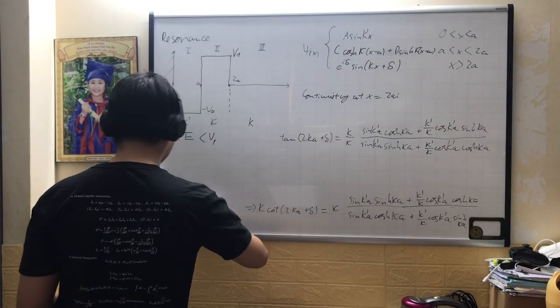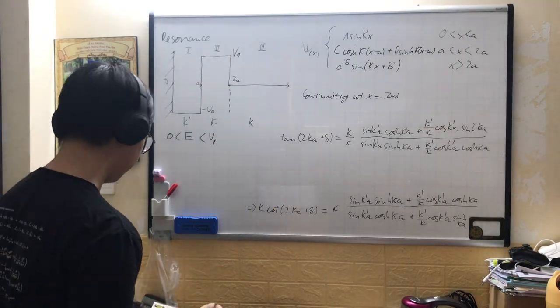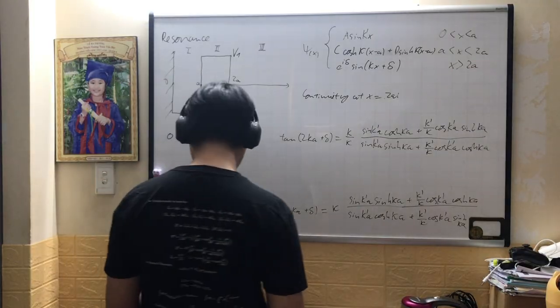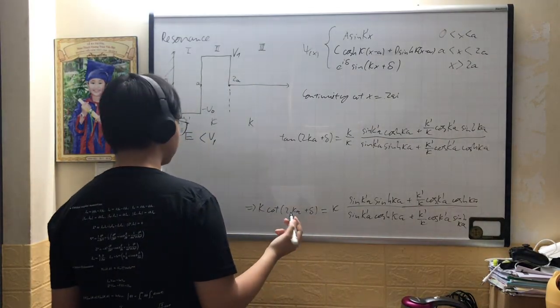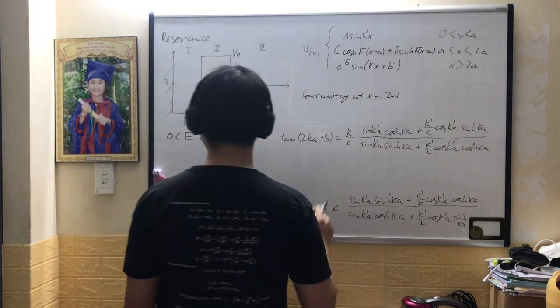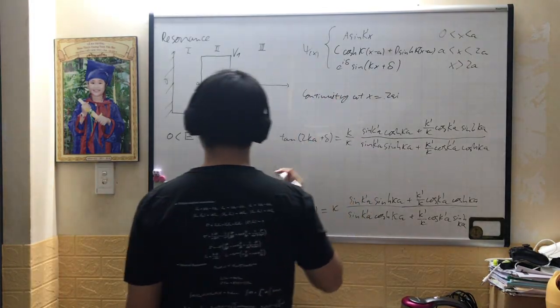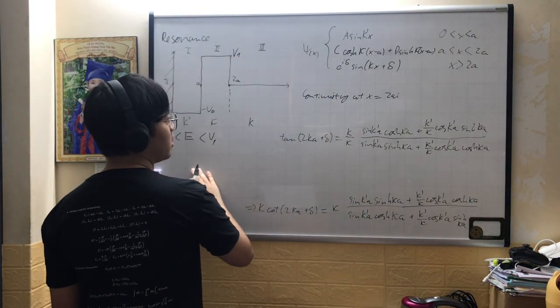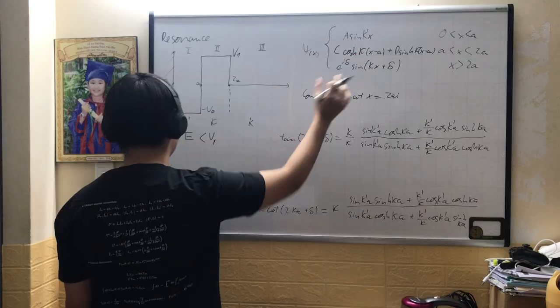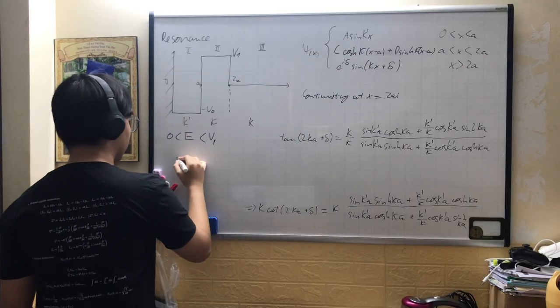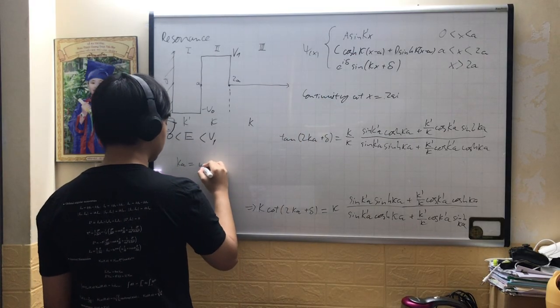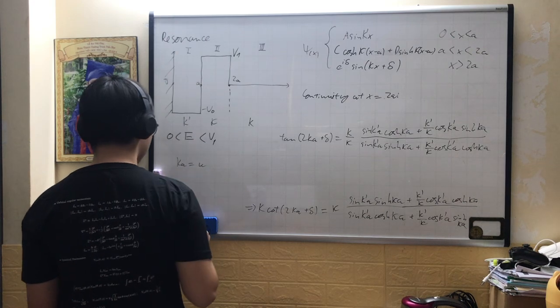I don't know if my pen can hold up till the end of this video, but I'll try my best. Okay, so we're gonna assign here, and later we're gonna draw the plot over there. So we have our Ka, we assign that to be equal to U.